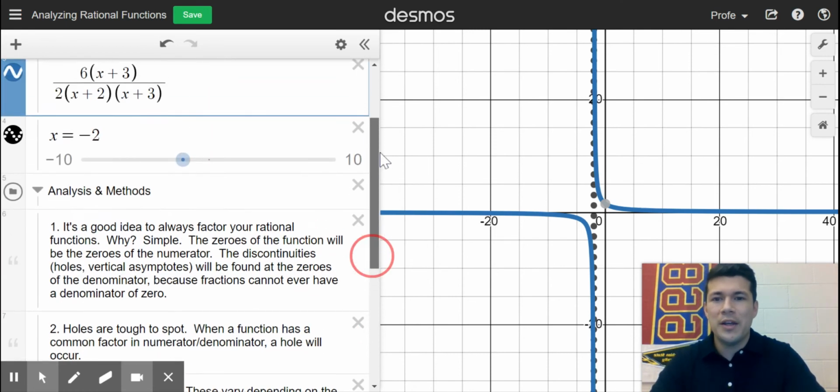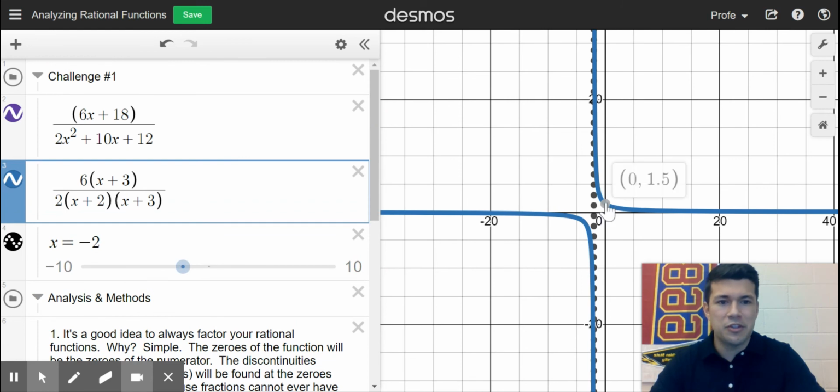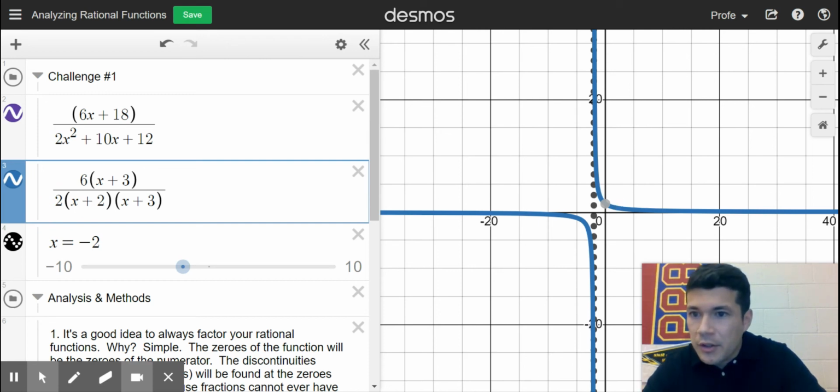Last, the y-intercept. You notice that the y-intercept of this graph is 1.5. If you look at the leading coefficients, 6 and 2. Now, was that my y-intercept? Let's see. No, not 6 and 2.